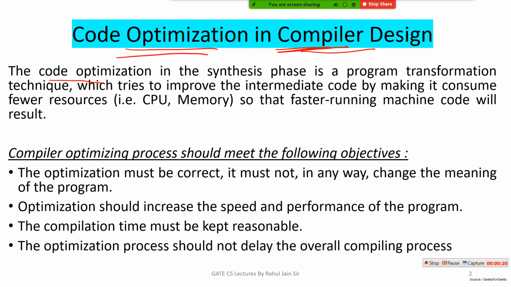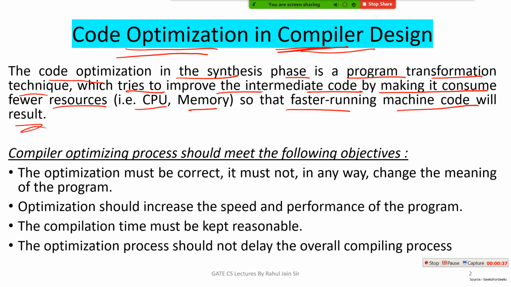Code optimization in the synthesis phase is a program transformation technique which tries to improve the intermediate code by making it consume fewer resources, that is CPU and memory, so that faster running machine code will result.